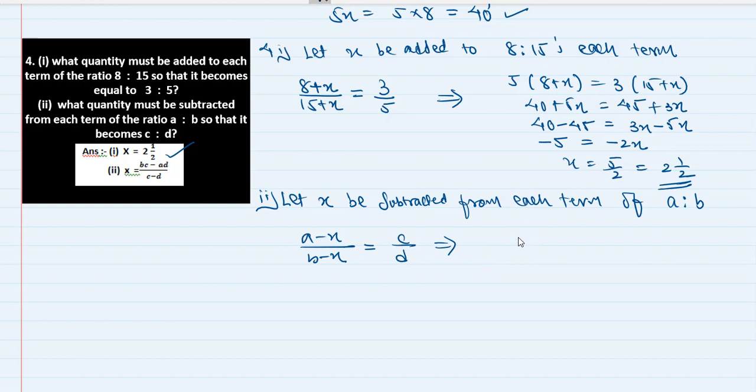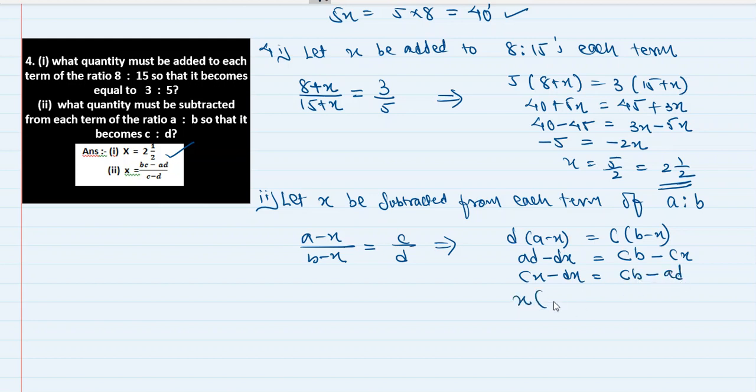So cross multiplying, D bracket A minus x is equal to C bracket B minus x. So AD minus Dx is equal to CB minus Cx. Let's take the terms involving x together. So Cx minus Dx is equal to CB minus AD.